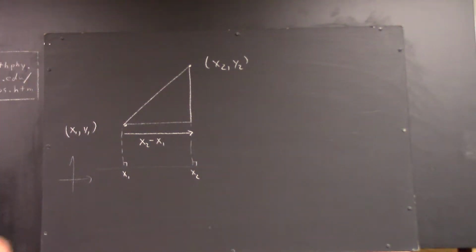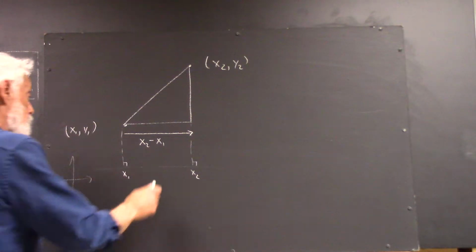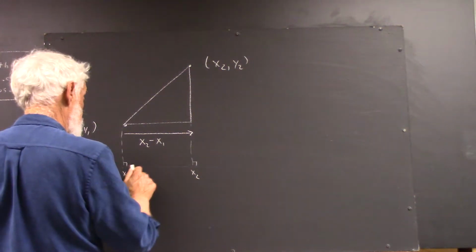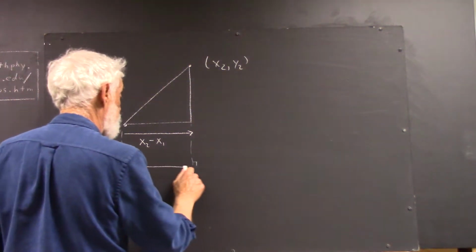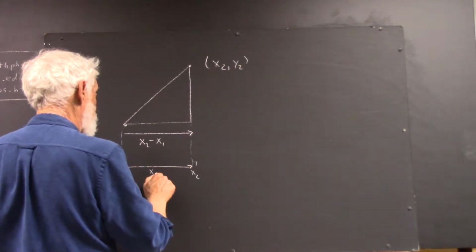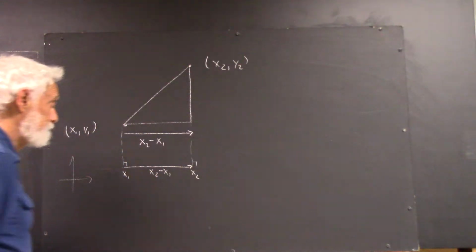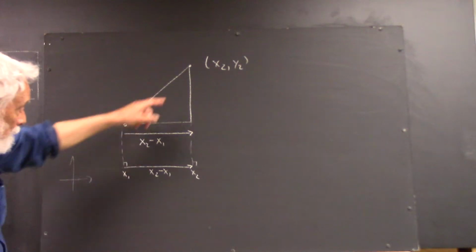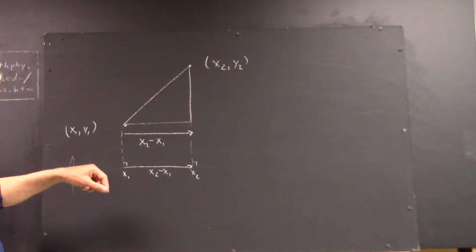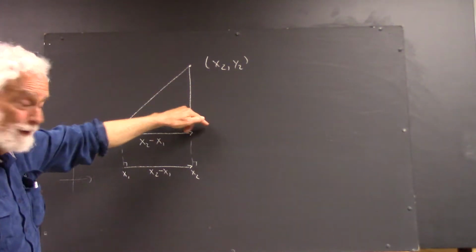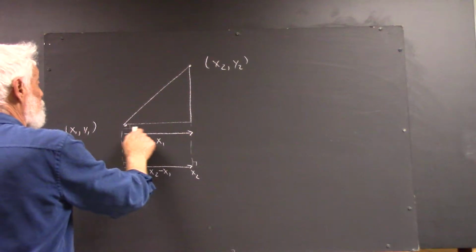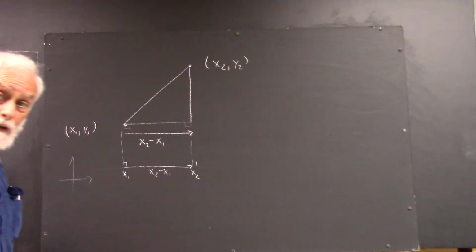And as we've seen in preliminary problems, the displacement from here to here is x2 minus x1. These lines being parallel, the displacement from here to here is the same. And these angles, of course, also being right angles, you need to say that.